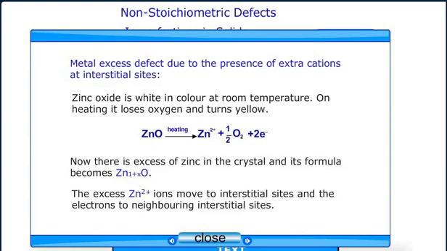Now, there is excess of zinc in the crystal and its formula becomes Zn(1+x)O. The excess Zn2+ ions move to interstitial sites and the electrons to neighboring interstitial sites.